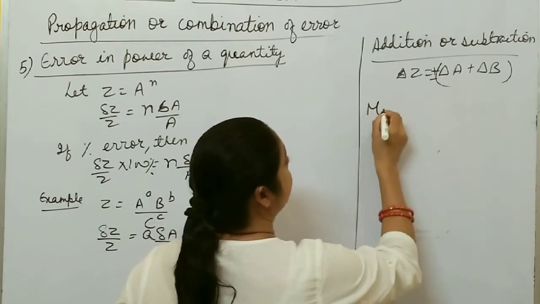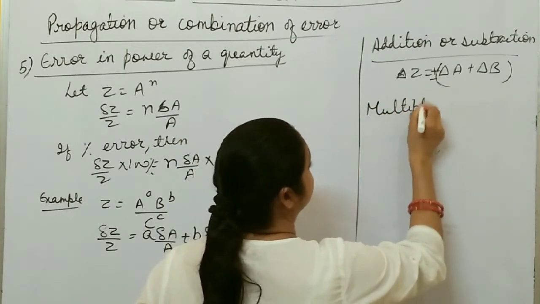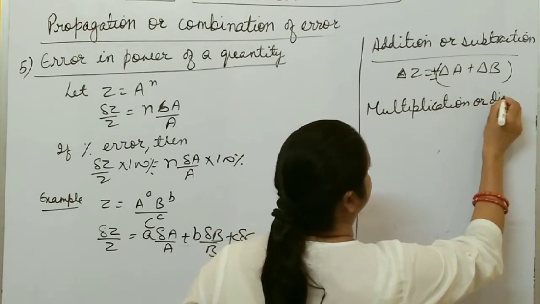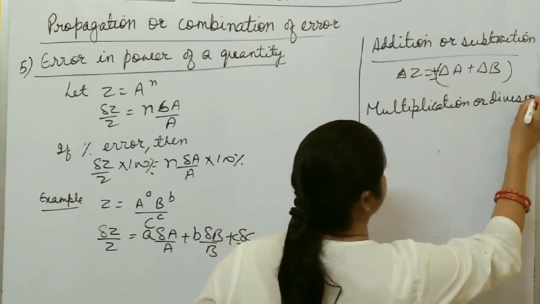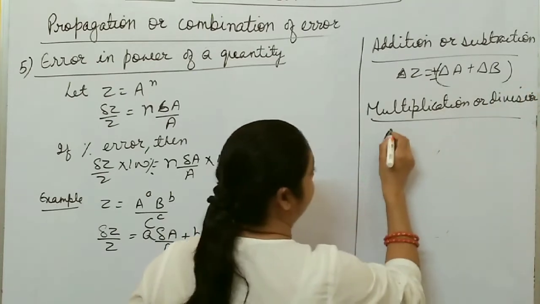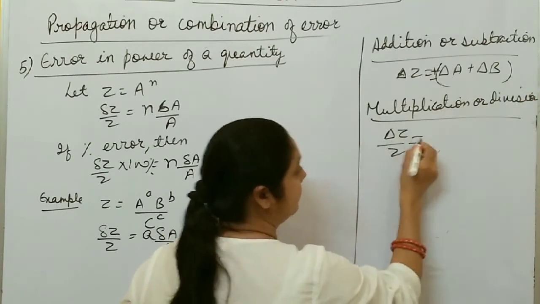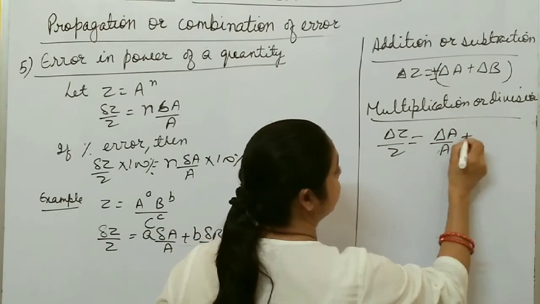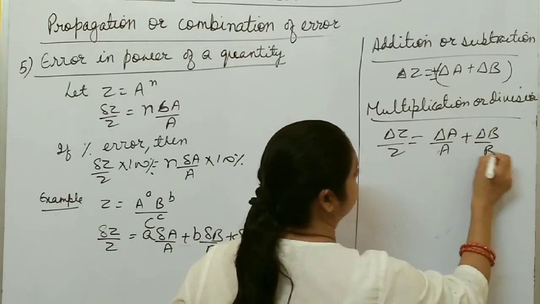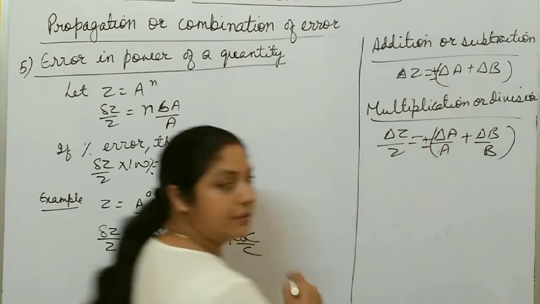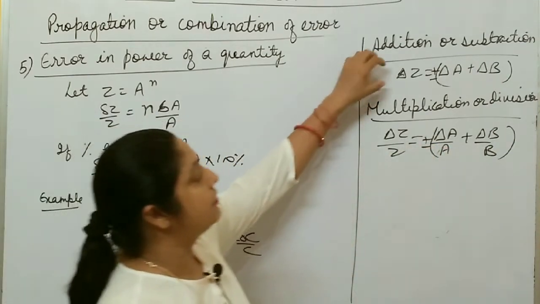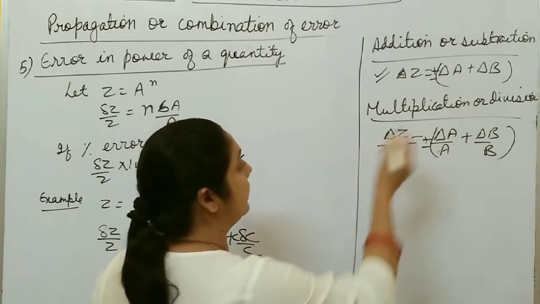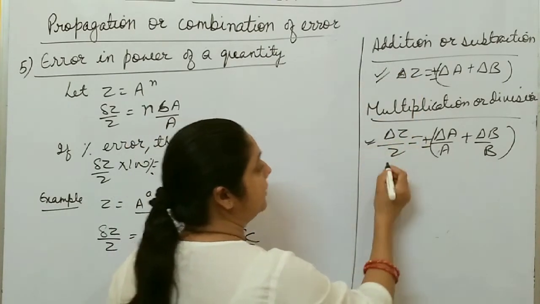And in case of multiplication or division, that is, relative error delta z by z is equal to the sum of the relative errors of the individual measurements, plus minus. Error may be positive or negative. So in case of addition, you remember this thing. In this way you find the final error. In case of multiplication, in this way you find the final error.